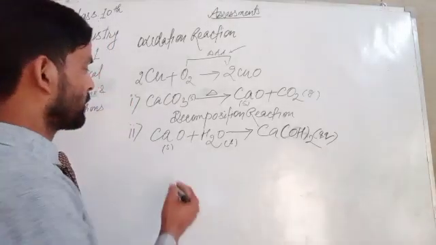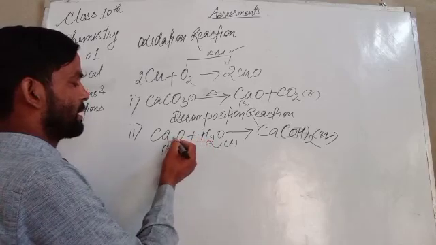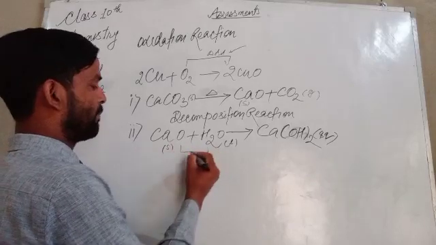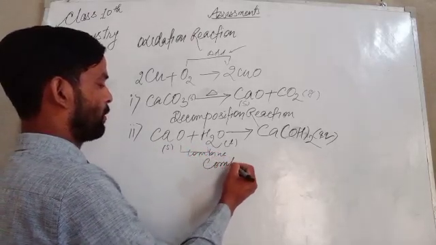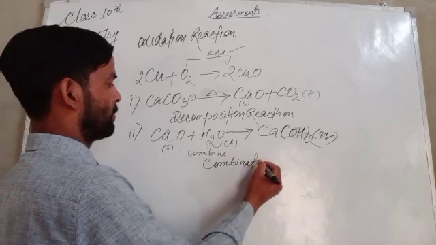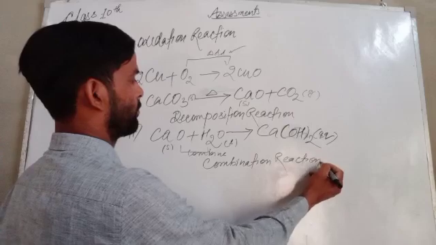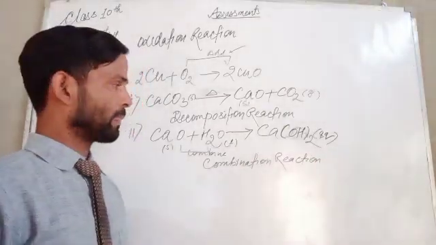So calcium oxide plus hydrogen get combined to each other. When they are combined, this will form a combination reaction. It is a combination reaction.